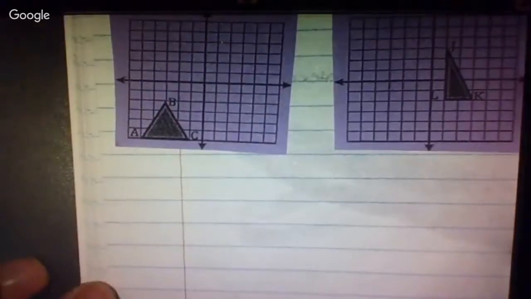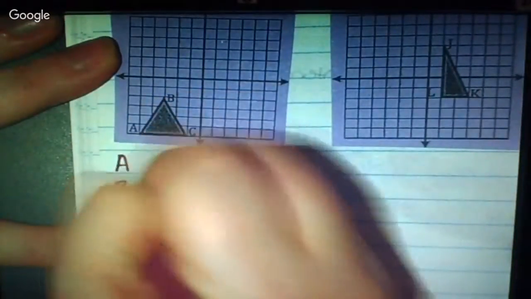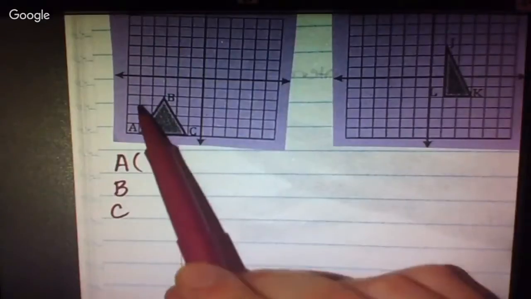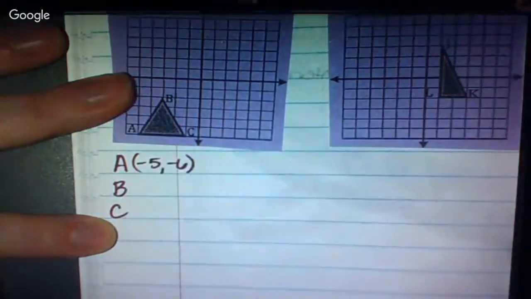Find yourself your picture with A, B, C. So the first thing we want to list, where is point A right now in this picture? Negative 4, negative 5. You said negative 6. Negative 5, negative 6.